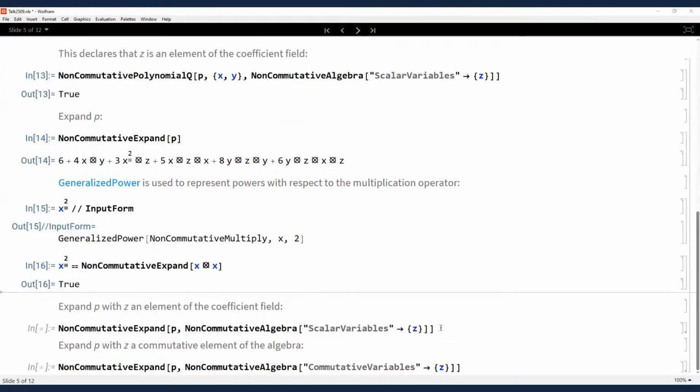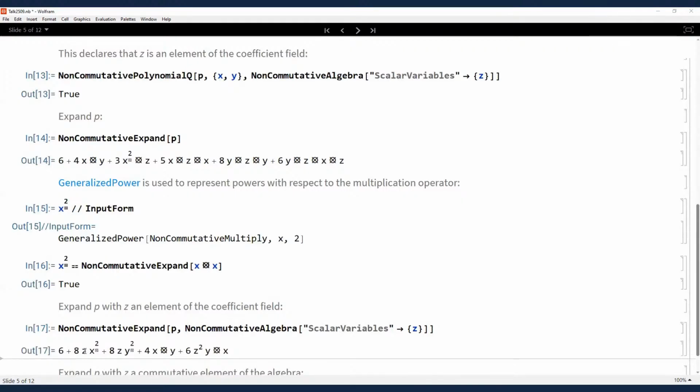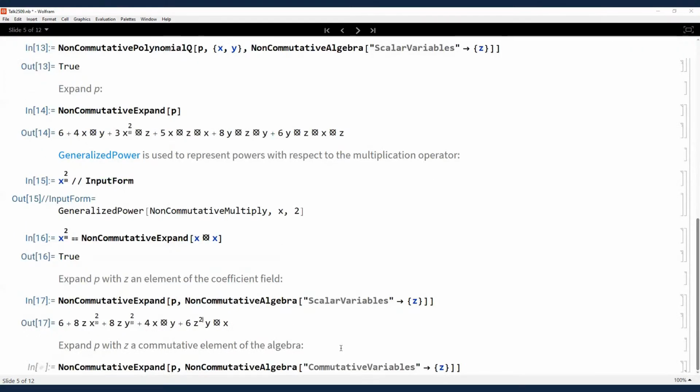Now let's expand P over the algebra where Z represents a scalar variable. So you can see that Z was now pulled out in front of the terms, and it's multiplied using times, regular times, not non-commutative multiply here. And here is a regular square of Z rather than generalized power.